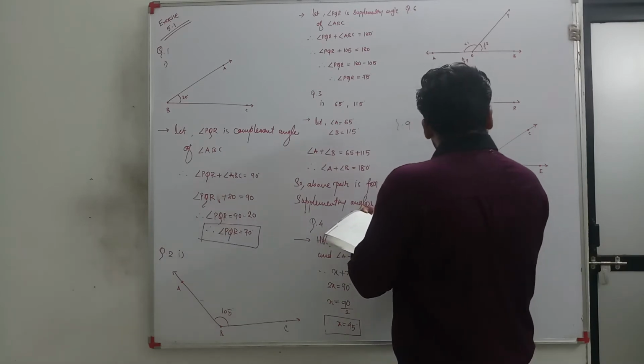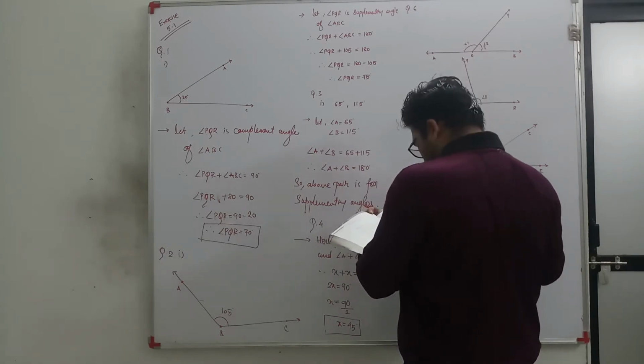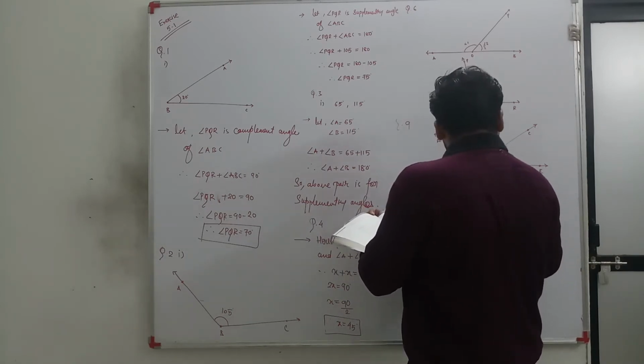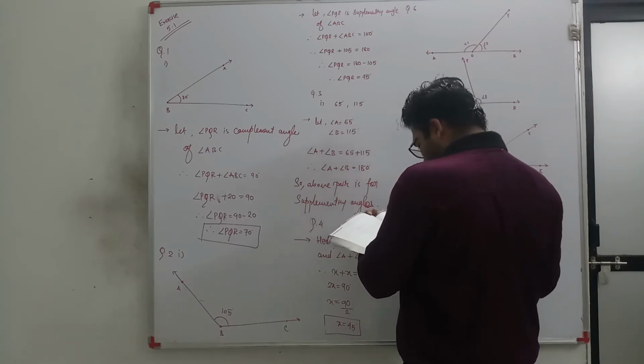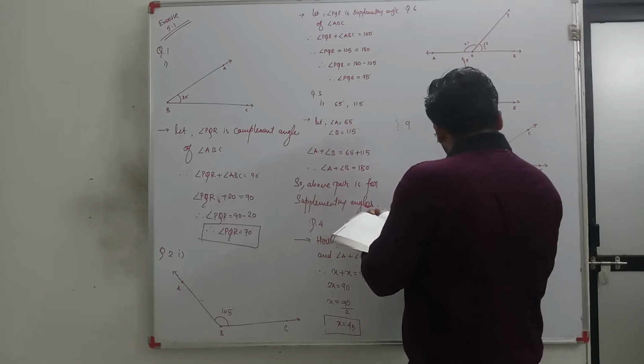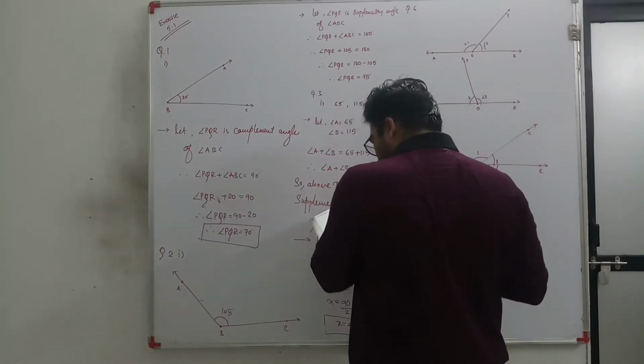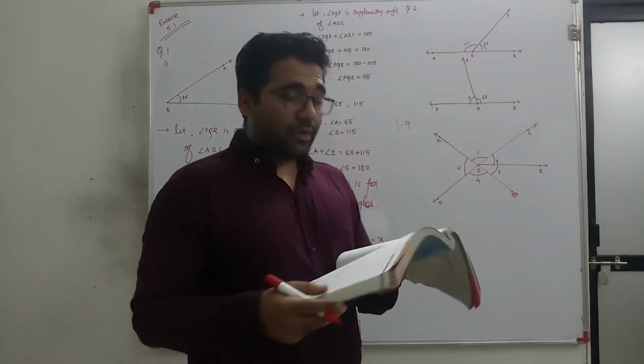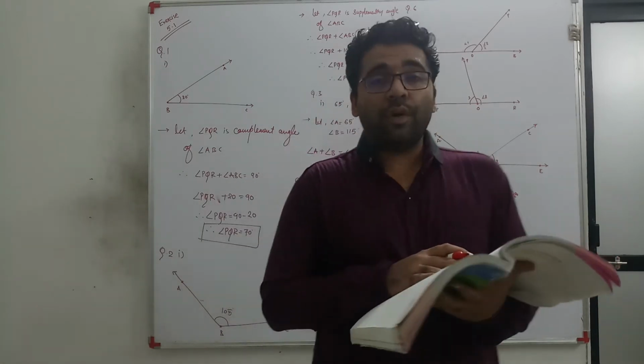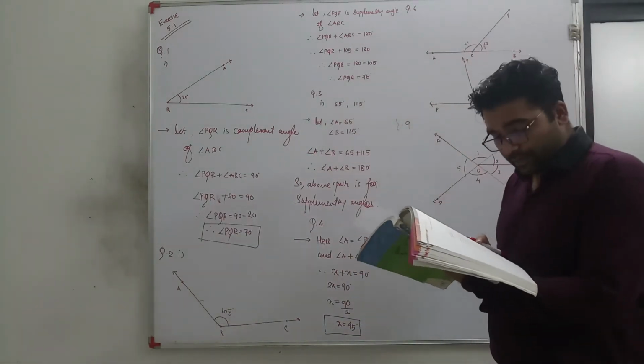Here the angles are given in numbers: angle 1, angle 2, angle 3, angle 4 and angle 5. Now there are some questions that we have to answer.